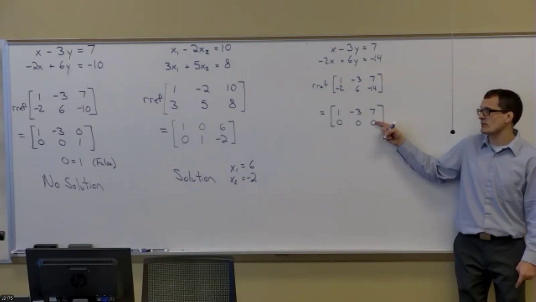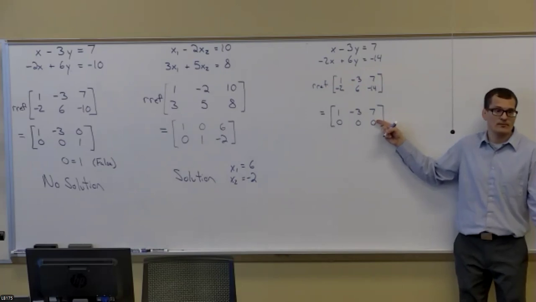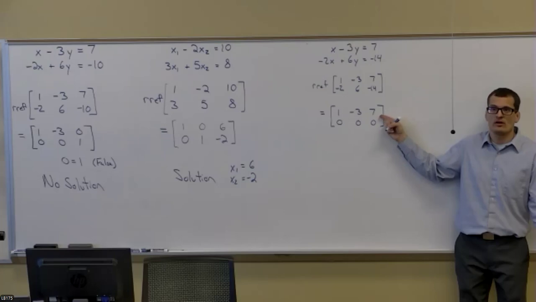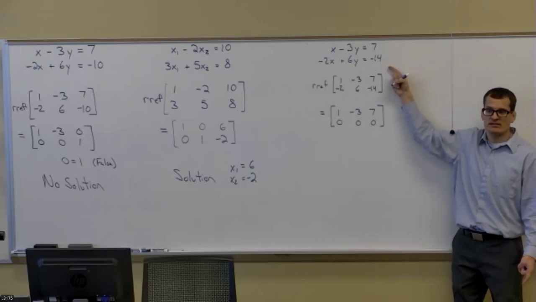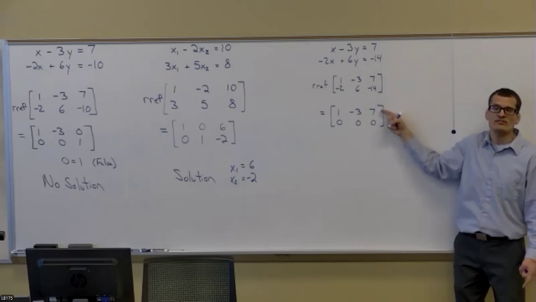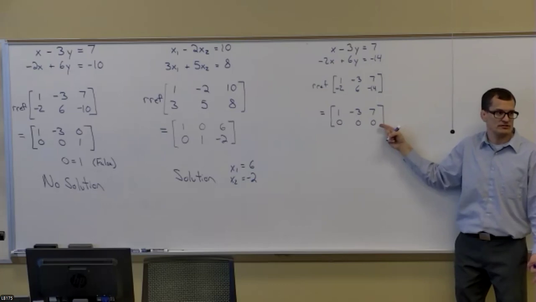Here, 0 is equal to 0, that's true, right? So this is an indication that these two lines were actually the same line. This is the infinitely many solutions case.